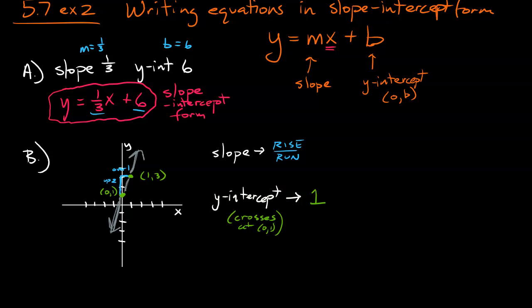So sometimes you have to find out one of these answers, and that definitely is more work. So if I'm looking at this picture, the rise is up 2, so that's positive 2. The run is to the right 1, so that's positive 1. So my slope is 2.